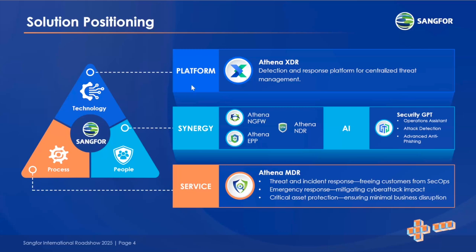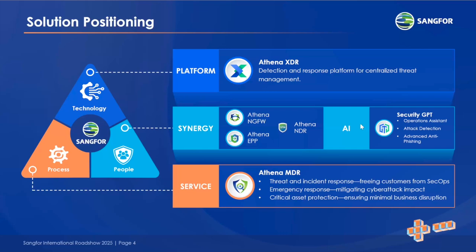So components, platform, and service become a comprehensive SOC solution that Sangfor can provide. And AI is also our secret weapon. We have different agents to deal with secure operation and leverage efficiency, and also anti-phishing GPT to detect phishing email, and a detection GPT to detect and lower false positives.